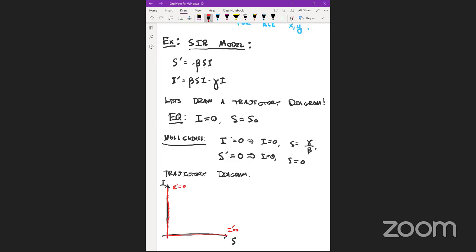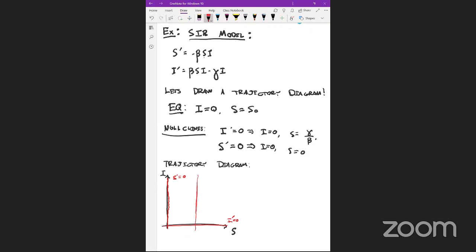And then we've got another I prime equals 0 null cline right here, at S equals gamma over beta.